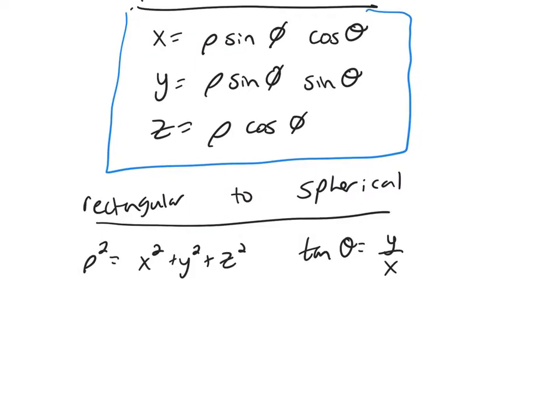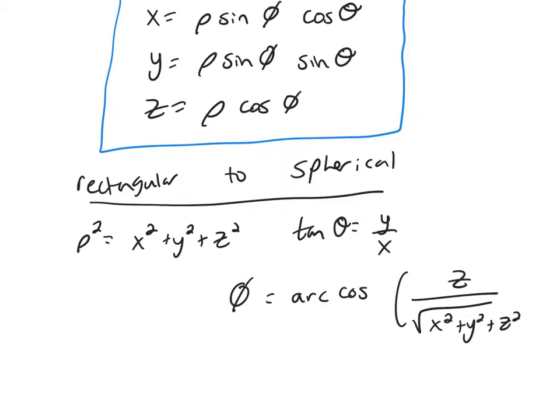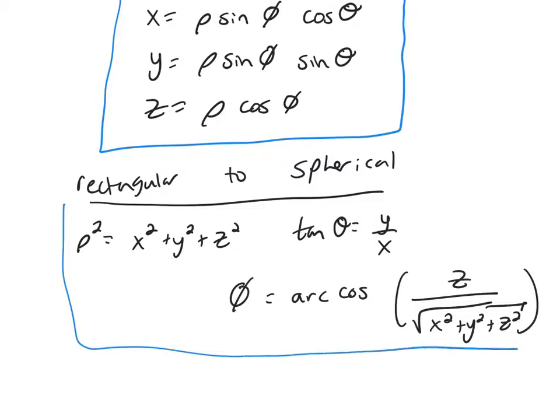And then phi will be the inverse cosine of z over the square root of x squared plus y squared plus z squared. So these tell me how to convert from rectangular to spherical.